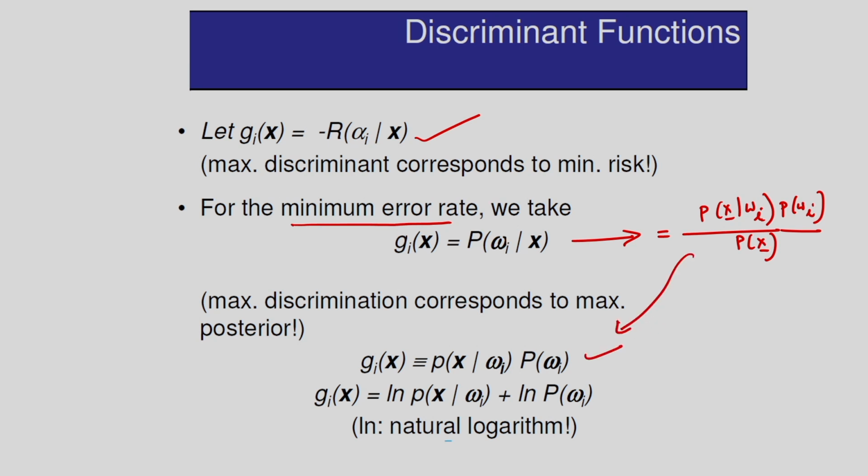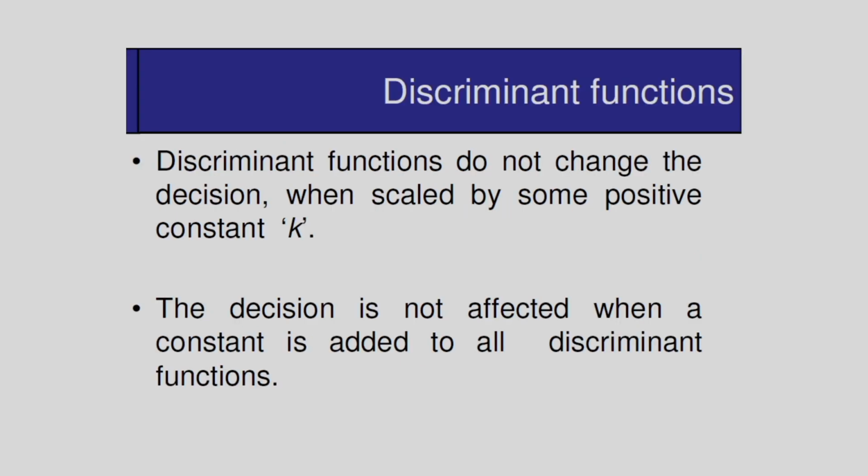From this I can write like this, because the evidence has no role in classification. After this I can take the natural logarithm, because the multiplication is converted into addition by considering the logarithm. So I have this discriminant function Gi(x) is equal to this. So the discriminant function does not change the decision when scaled by some positive constant.